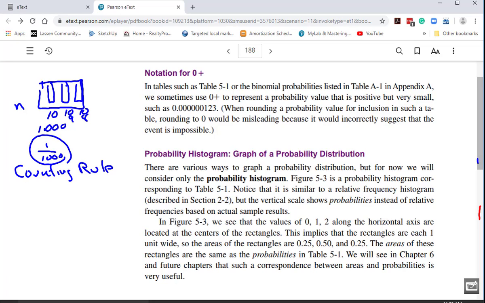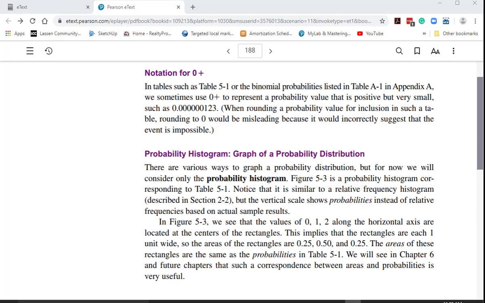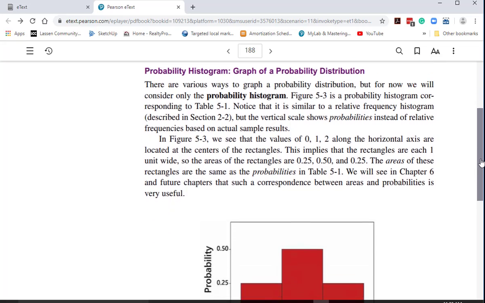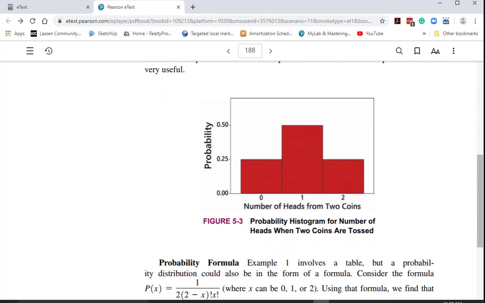So here it is. This was a discrete probability, so there was nothing between 0, 1, and 2. It's what we had earlier when we tossed. We had no heads, 1 head, 2 heads. Now, it's not going to look like a fair coin because it depends how many times you run the experiment. But anyway, this is what you did before, your histogram.